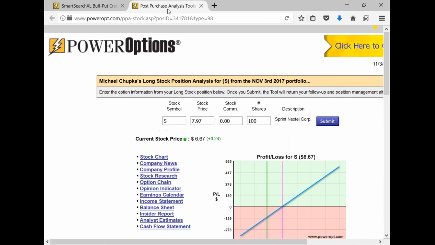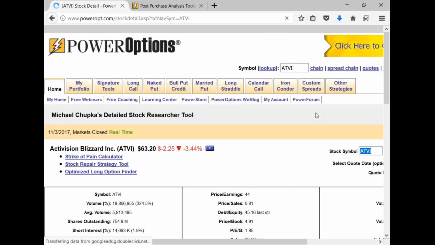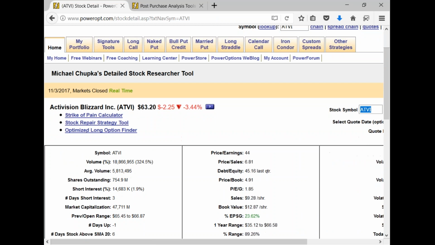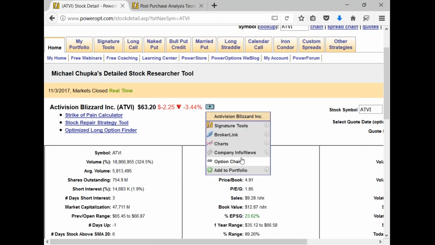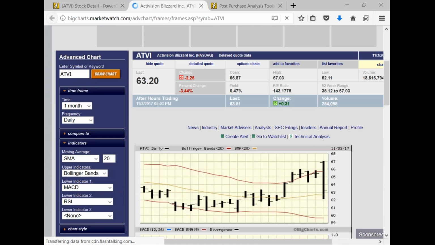I mentioned ATVI, a position that I'm in. Last night, I tracked their position. I didn't have this as a strangle, thankfully. But see, the stock's down 2.25. Okay, and let's go back to my chart here, and I don't think I saved it. But you know what I saw last night that was very, very confusing?